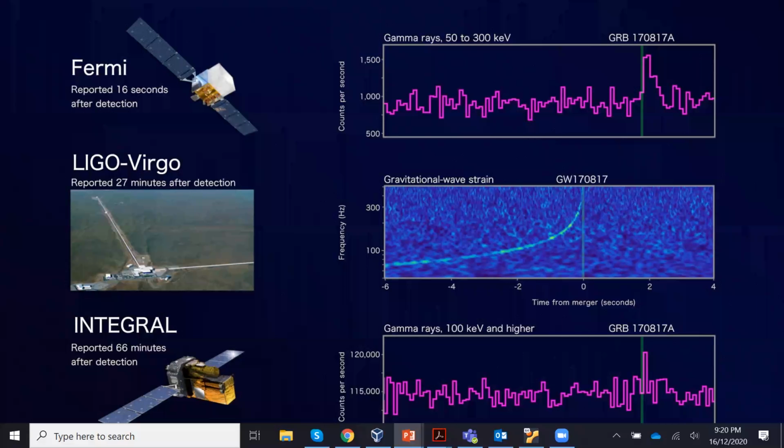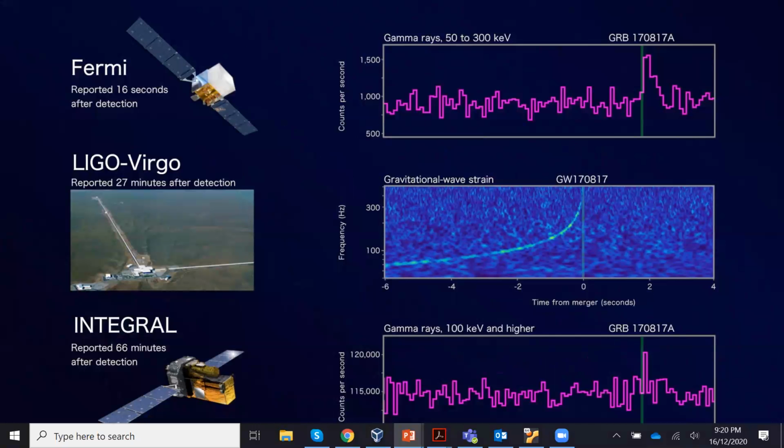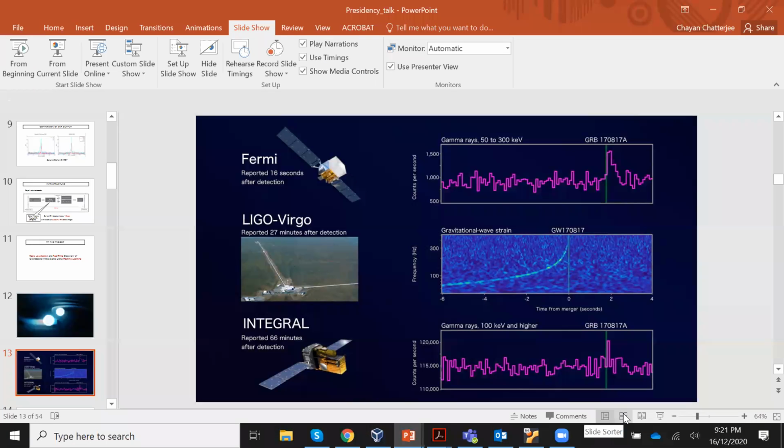Maybe you can try slideshow. Getting the same thing.